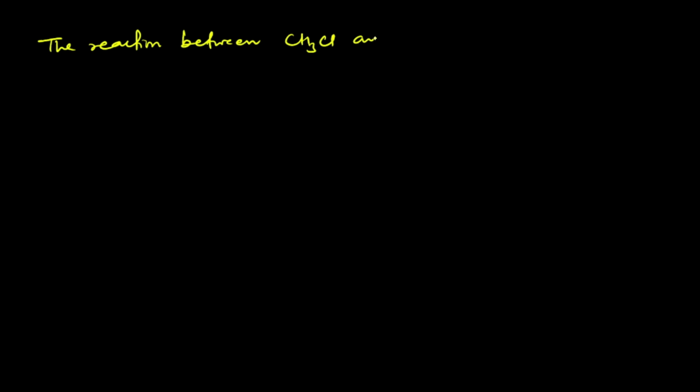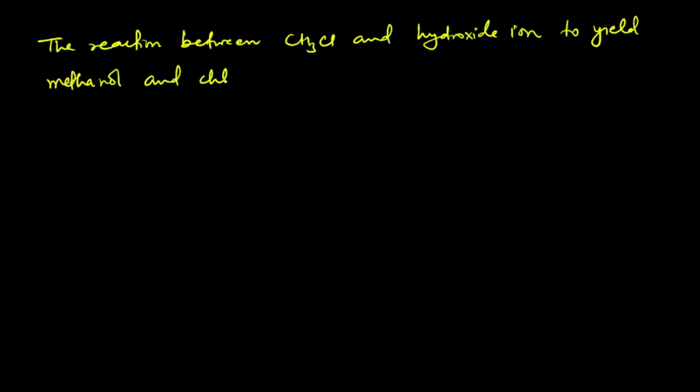the reaction between CH3Cl and hydroxide ion, which it is getting from your aqueous NaOH or KOH, to yield methanol and chloride ion, correct?